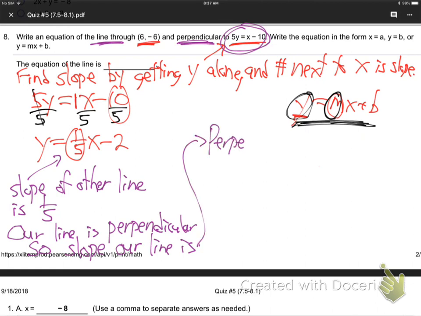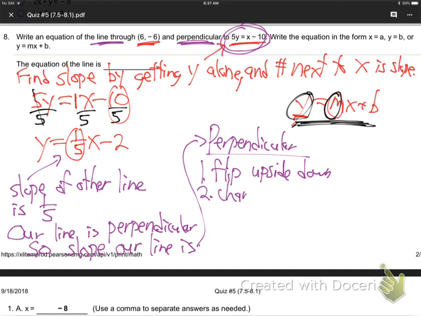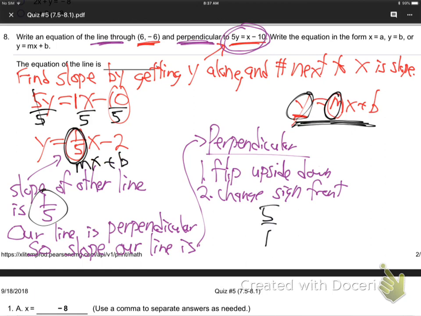For perpendicular, number 1, flip it upside down, and number 2, change the sign in the front. You've got to change everything about it. So we had the slope is 1/5, because we got y alone. The m, that was the mx plus b. So you flip it upside down, it becomes 5/1, and then change the sign in the front, negative.